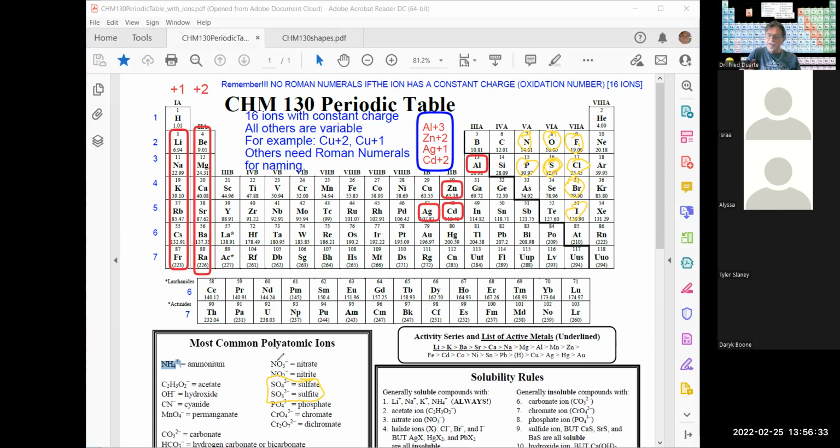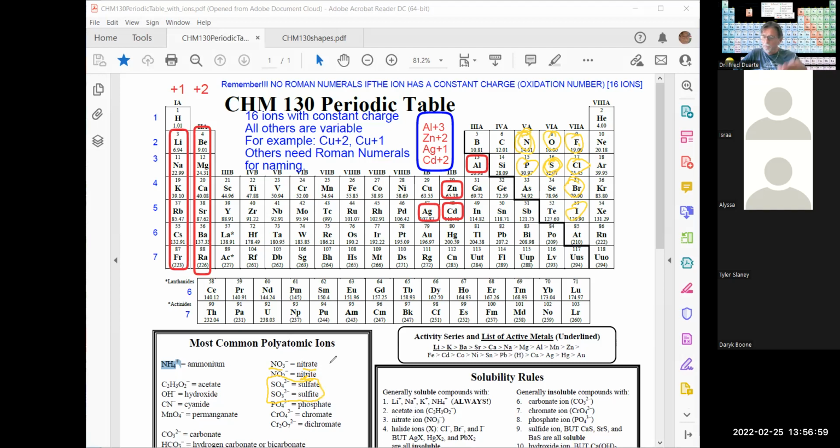Notice with nitrogen, the same scenario. You start off with nitrogen, the element, it becomes an ion, which is nitride. And then when you add oxygen, 3 of them specifically, it becomes nitrate. 2 of them becomes nitrite. Okay, so you have the nitrogen, you had the -ide, nitride, and then you got the -ate and the -ite.